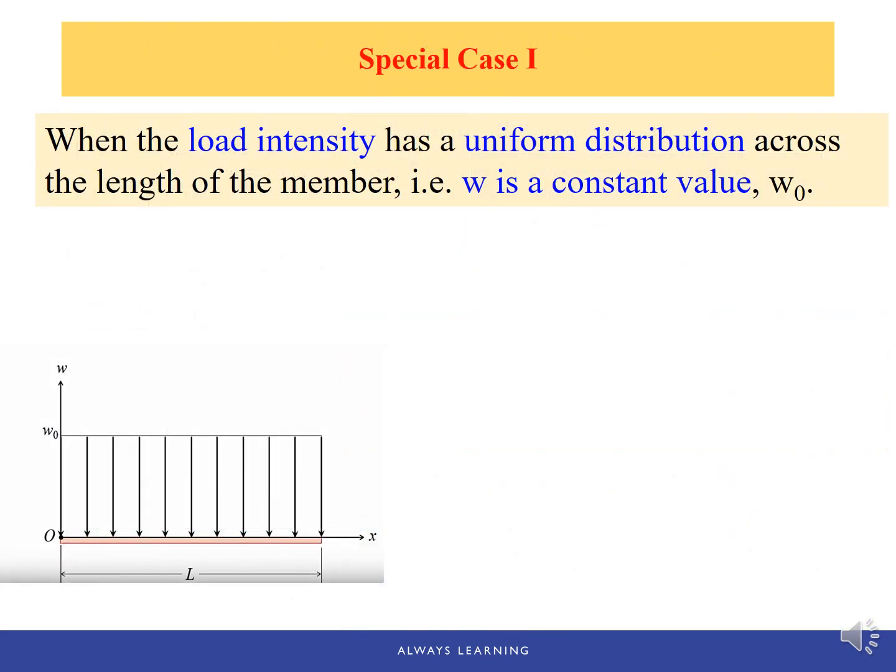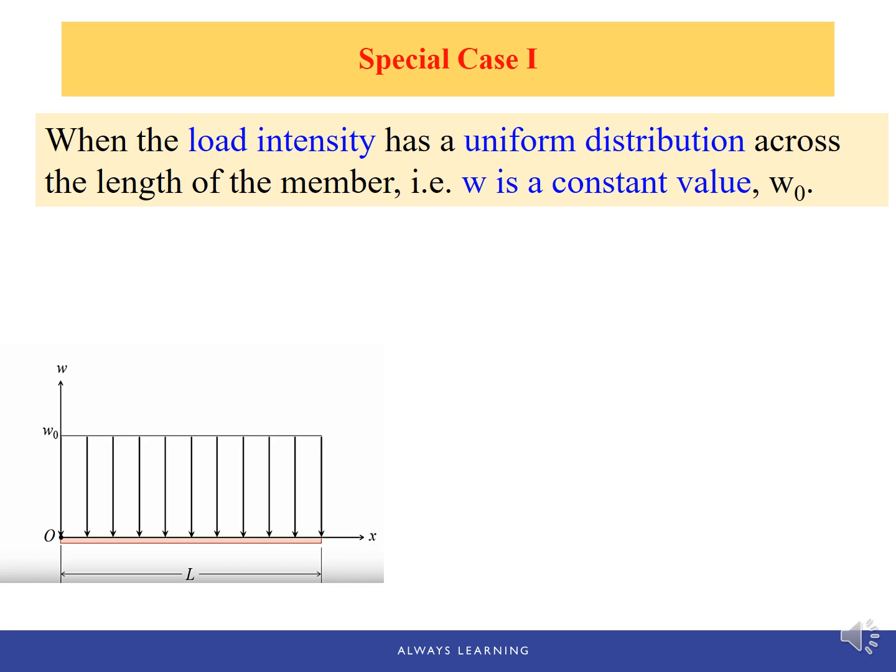So we can use the integral method to find the centroid of any area, but in this class, most of the time, we're going to solve some special areas or special cases for which you don't have to use the integral method. Here's one example. When the load intensity has a uniform distribution across the length of the member, in other words, this loading intensity is a constant value that doesn't change with the x-axis, this distributed load has a rectangular shape.